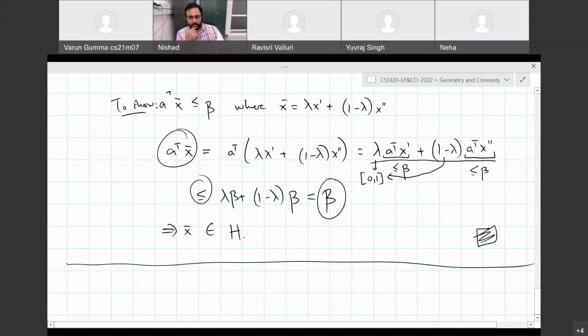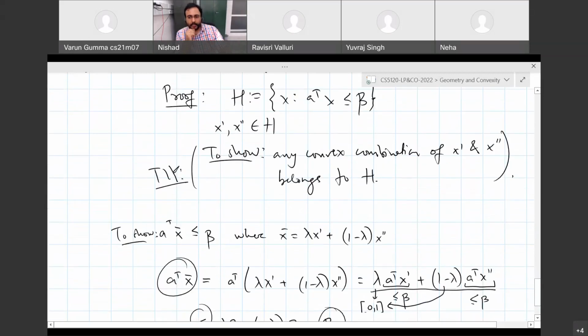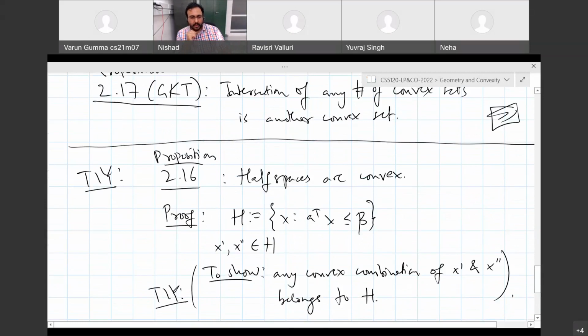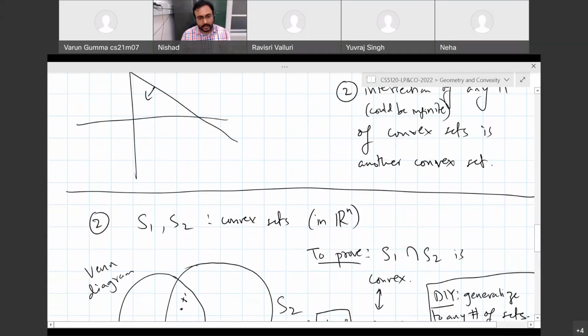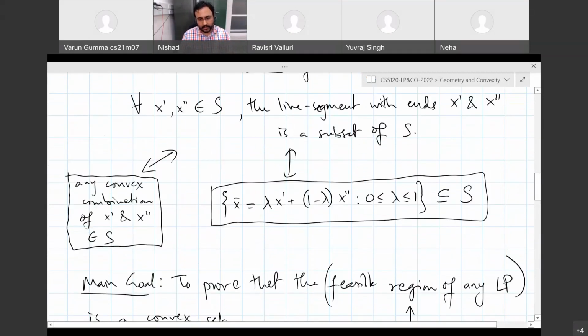The arguments still go through, and we are looking at all convex combinations. All right. So that proves that the feasible region for any linear program is a convex set. It could be infeasible, in which case it is the empty set, which is also convex.